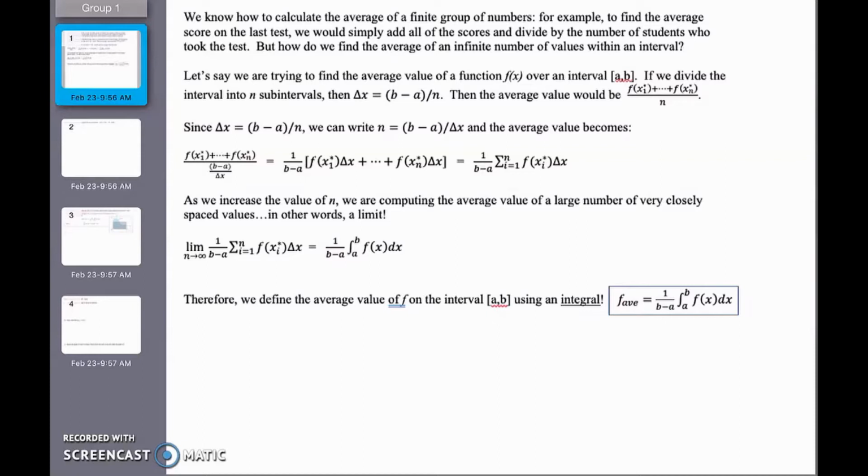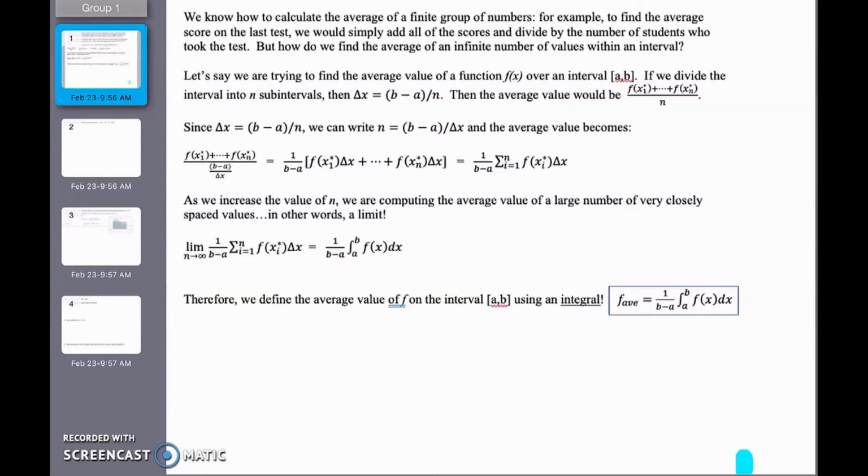Since our delta x is b minus a divided by n, a little bit of algebraic manipulation: if we rearrange that, then it becomes n equals b minus a divided by delta x. And our average value then becomes all of our heights, or all of our y values, added together divided by that fraction b minus a over delta x.